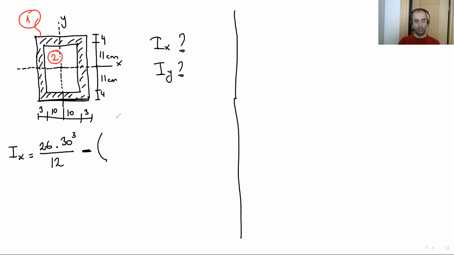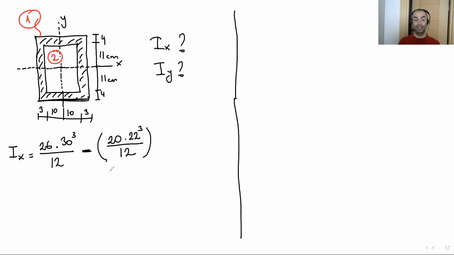The parallel edge is 20 times the perpendicular, 22 cubed over 12.